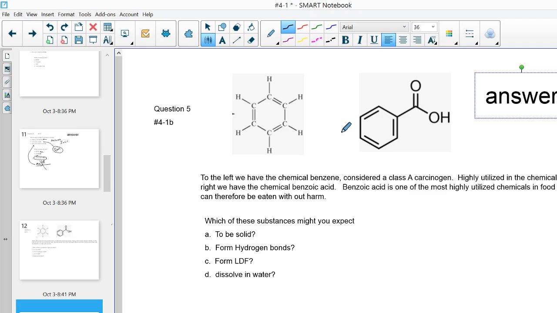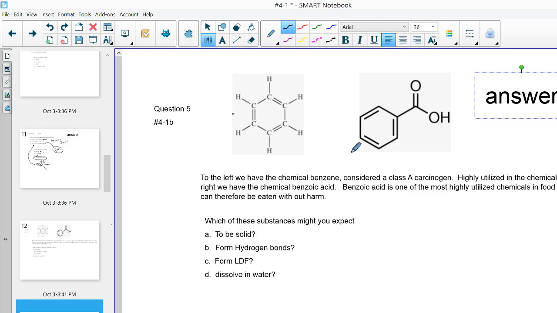To the left we have a chemical, benzene, considered a Class A carcinogen, highly utilized in the chemical industry. To the right we have a chemical, benzoic acid. It's one of the most highly utilized chemicals in food preservation and can therefore be eaten without harm.